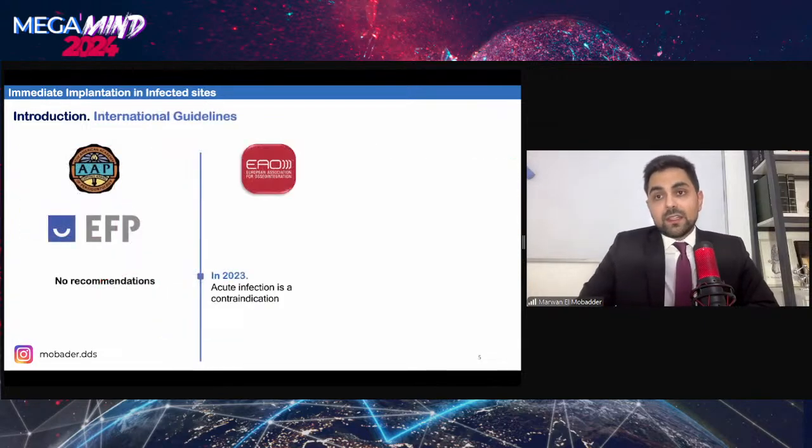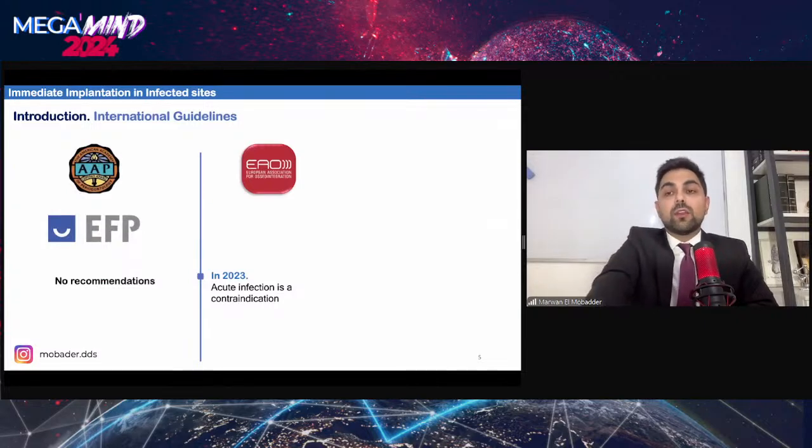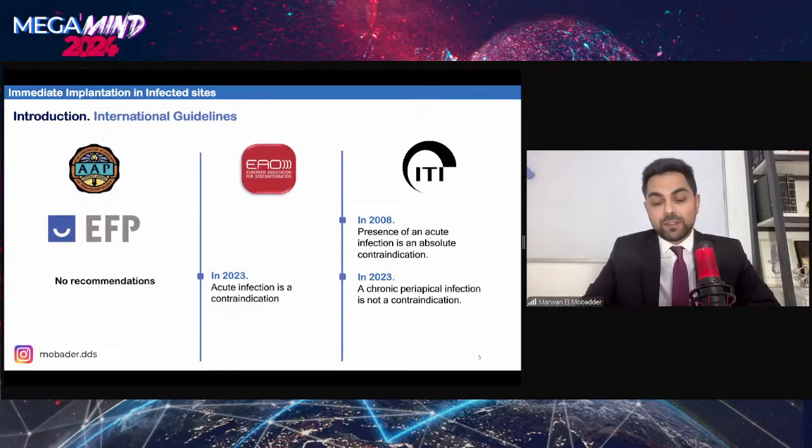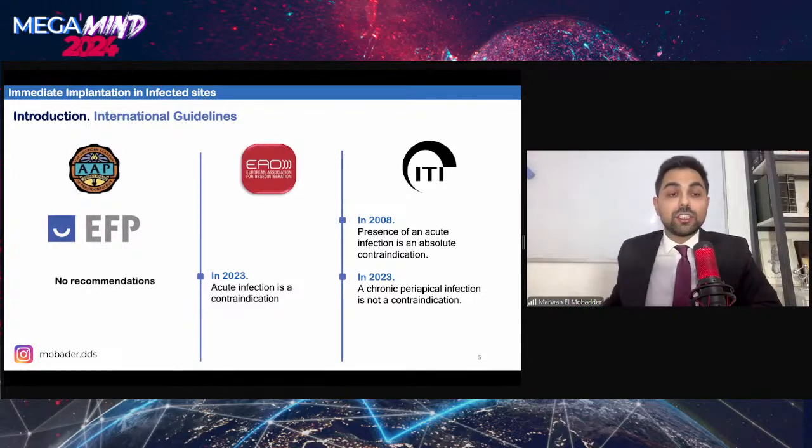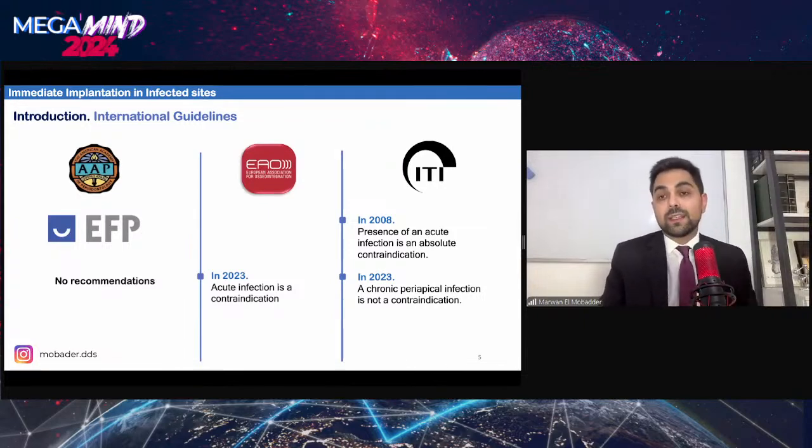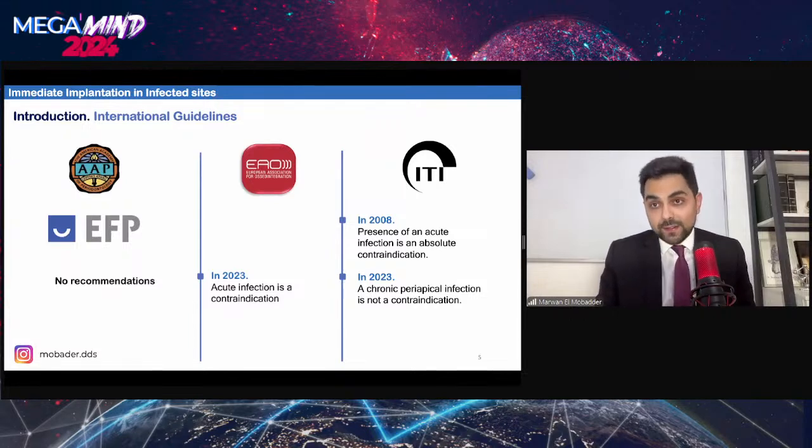It's always interesting to see the guidelines. So going through international guidelines, we can notice that, for example, the European Federation of Periodontology and the American Academy of Periodontology don't have any recommendations whatsoever. The European Association for Osseointegration is against immediate implantation in infected sites when it is an acute infection. And the ITI is for it if it is a chronic periapical infection.